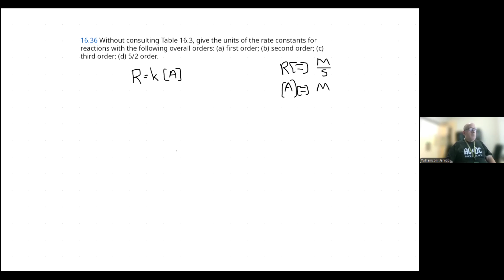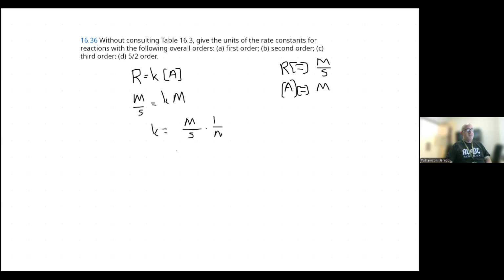So we could go molarity per second equals K molarity, no numbers. And if we solve for K, we're going to get molarity per second times 1 over molarity.